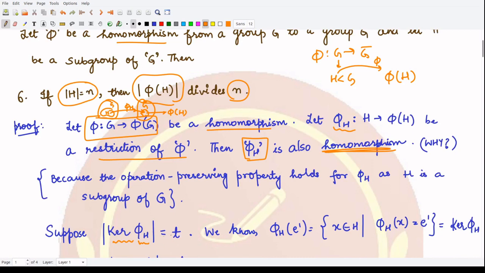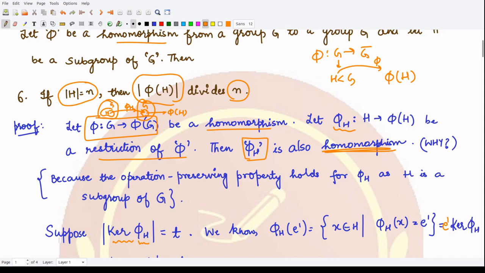Now if you remember the definition of the kernel of some mapping, it is phi H of E bar. Why? Because if you take some element G here, then it is G bar here, but now we are taking E, so here it is E dash.